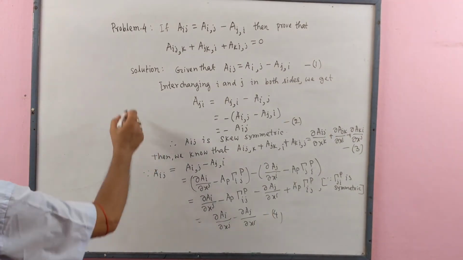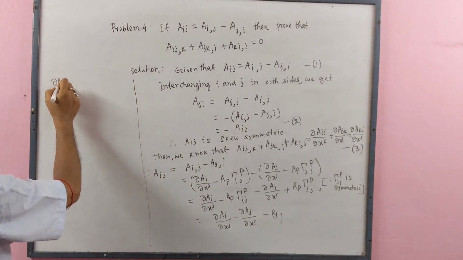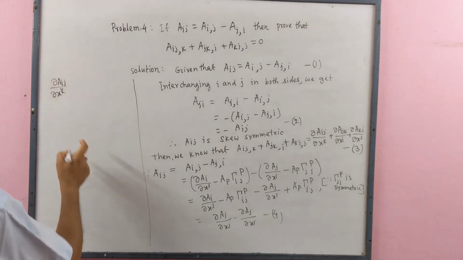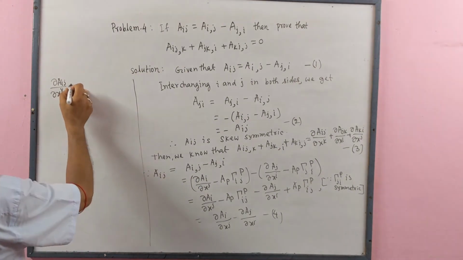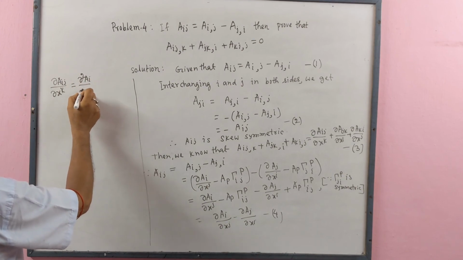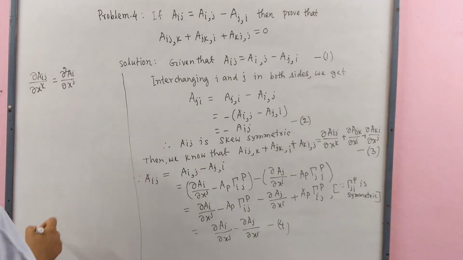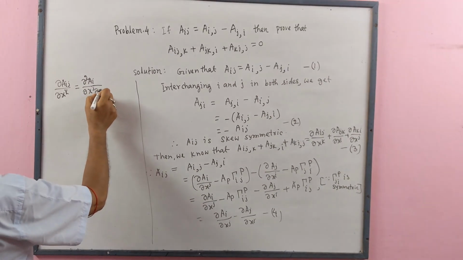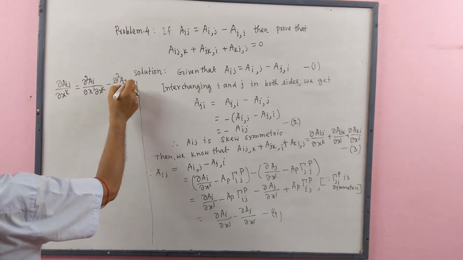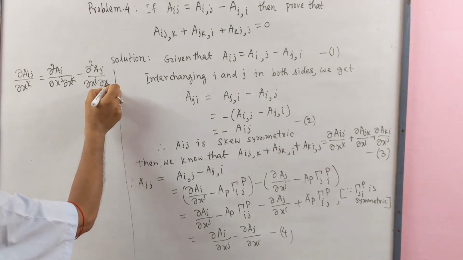Now we write del a_{ij} by del x^k equal to right side del^2 a_i by del x^j del x^k minus del^2 a_j by del x^i del x^k.